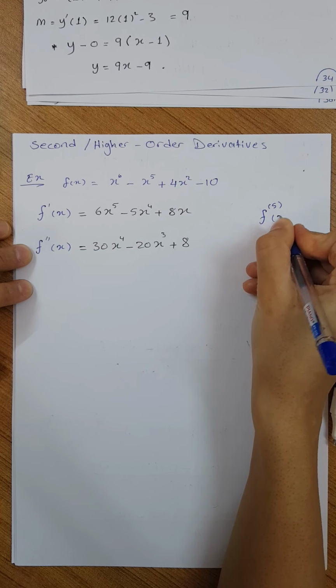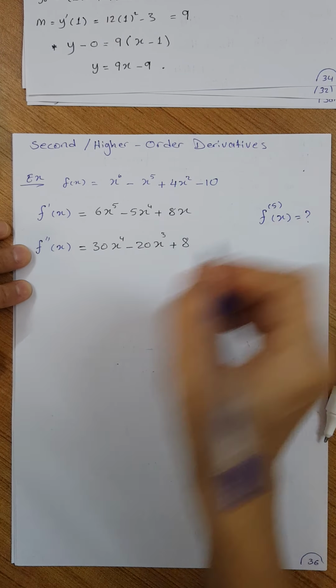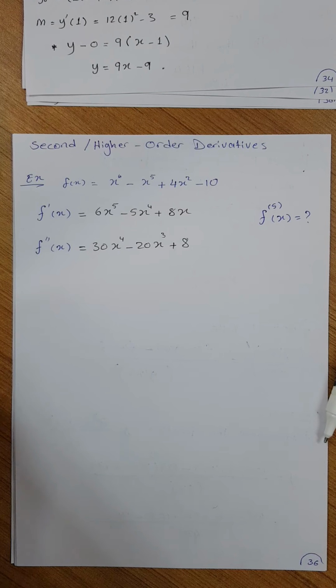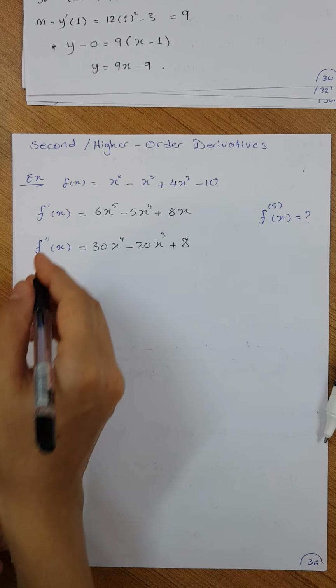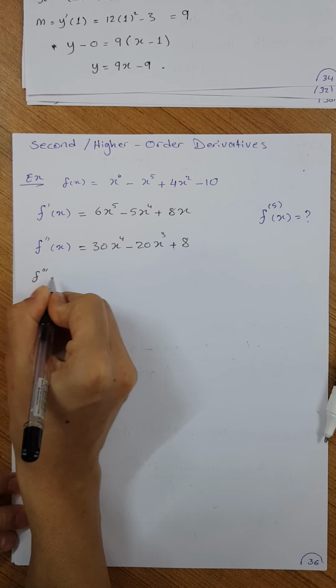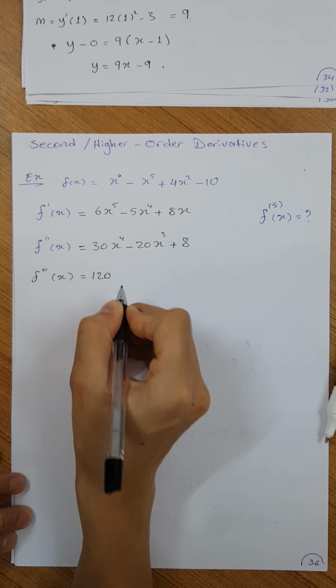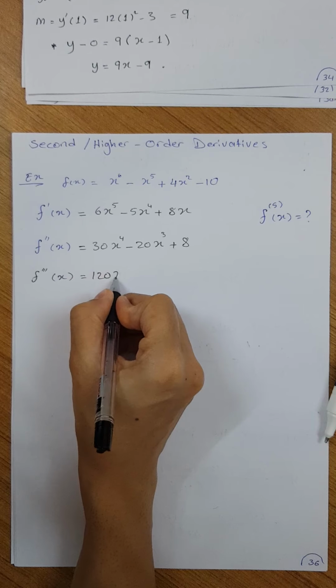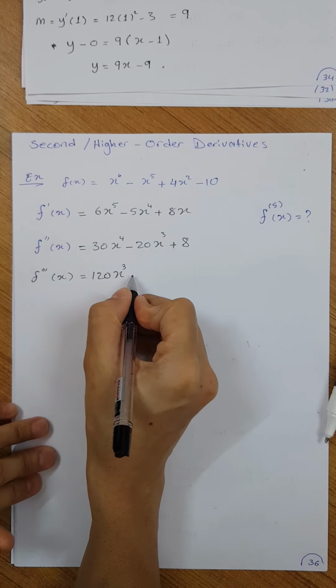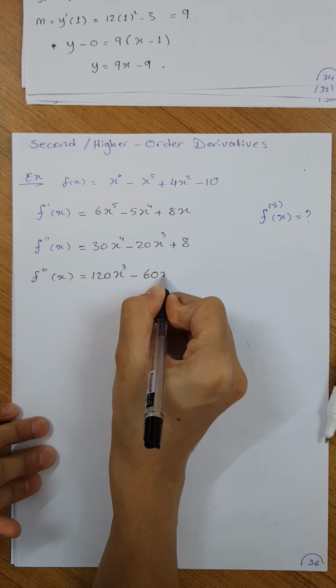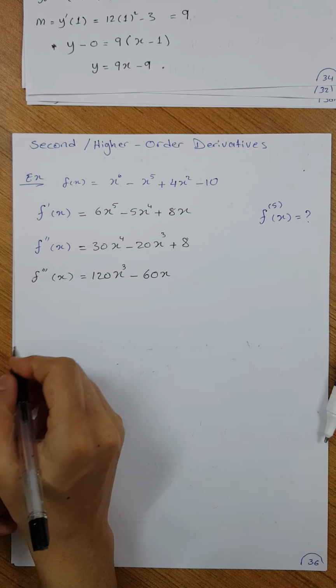It's written like that, fifth derivative. It's required from you to find the fifth derivative. To find the fifth derivative, we must have the fourth derivative. To have the fourth derivative, we must have the derivative of the third derivative, and so on. We've already found the second derivative. Now we are finding the third one: 4 multiplied by 30 is 120x to the power of 3, minus 60x, and the constant is equal to 0.